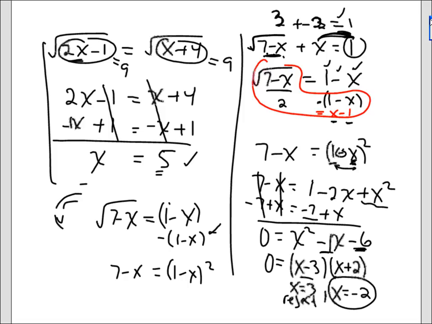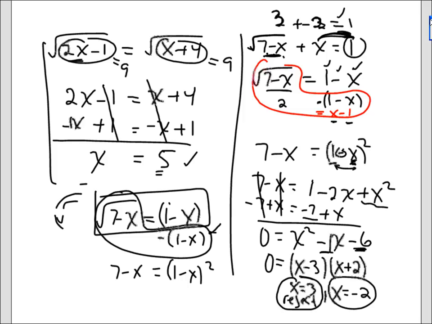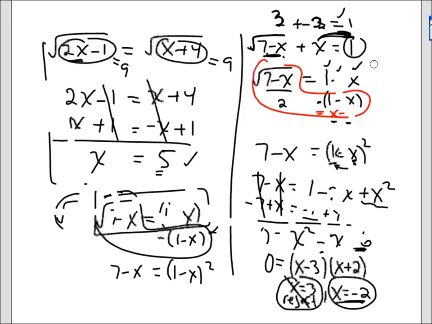When you solve this, either both answers will be for this one, or both answers will be for that one, or one answer will be for one and one for the other. That's what we got here on our bottom right. One of the answers that we rejected was for the wrong equation. The other one was for the equation we were given. When you square both sides, you might get erroneous answers.